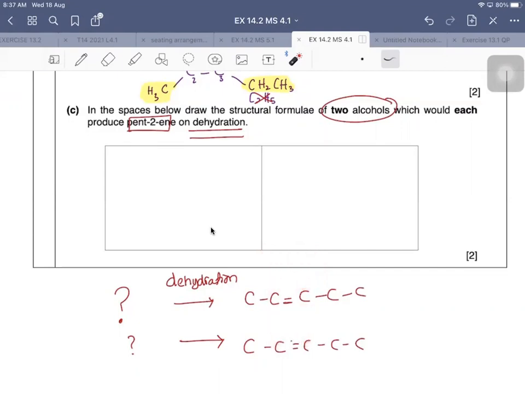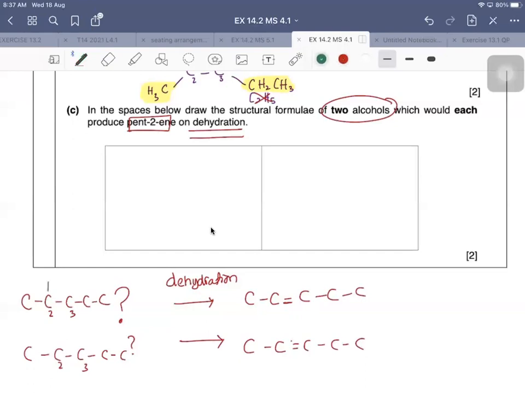So that means my alcohol would be this: 1, 2, 3, 4, 5. I'm going to number my carbons just in case, because that was where my double bond was.